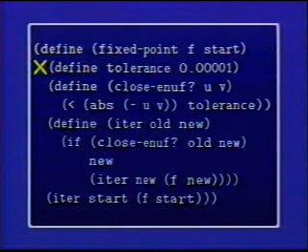I have a way of giving a tolerance for a close enough procedure, which we see here. The close enough procedure tests whether u and v are close enough by seeing if the absolute value of the difference of u and v is less than the given tolerance. Okay, and here's the iteration loop that I just wrote on the blackboard and the initialization for it, which is right there. It's very simple.